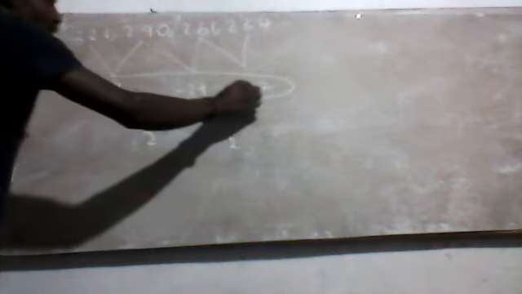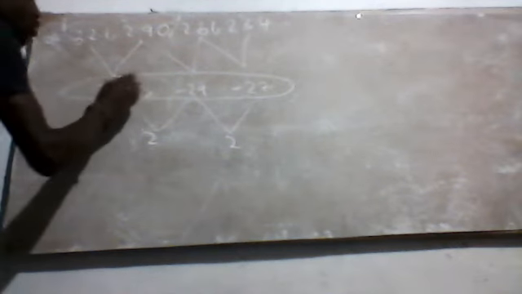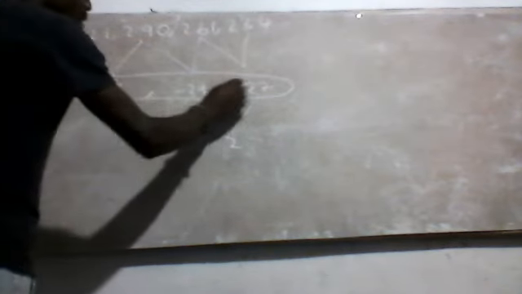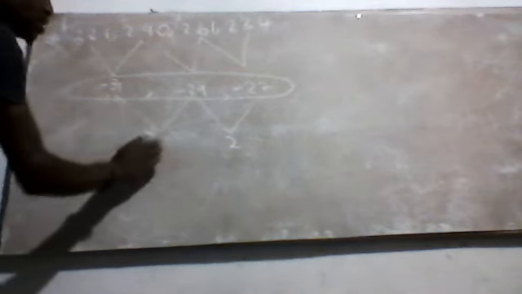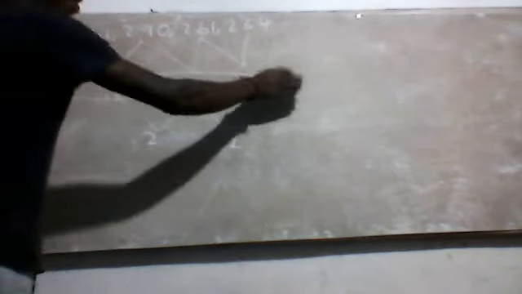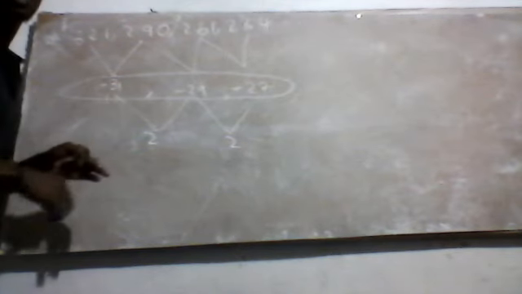If you were to look, guys, at the sequence of the first difference of the quadratic sequence, you could see that they form what we know as an arithmetic sequence. So if you consider minus 31, minus 29, minus 27 as a sequence, you could see that the difference between them is 2, and the difference is also 2. So we are saying the first difference of the quadratic sequence forms an arithmetic sequence.